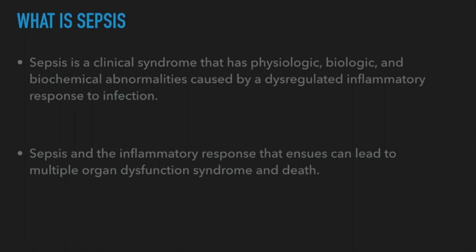Basically, in short, it's a life-threatening condition caused by the body's response to infection. The body normally releases chemicals into the bloodstream to fight an infection, and sepsis occurs when the body's response to these chemicals becomes out of balance and triggers changes that can lead to damaging multiple organs and become pretty life-threatening.